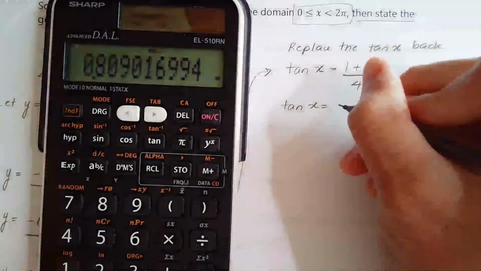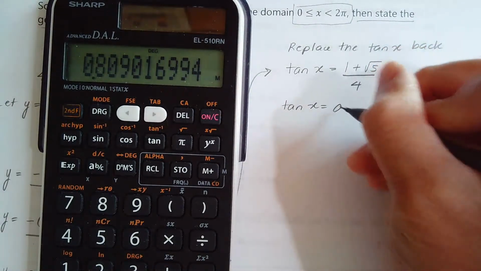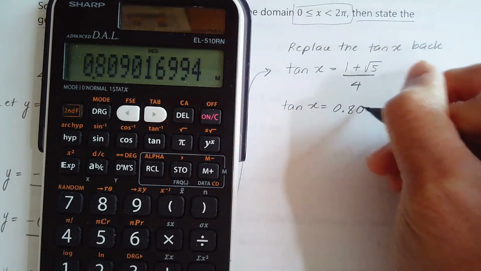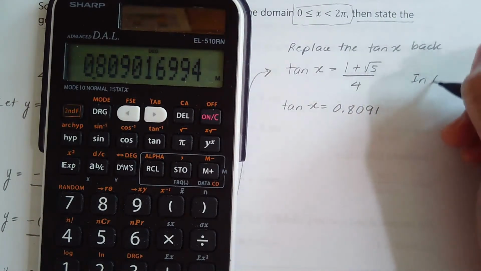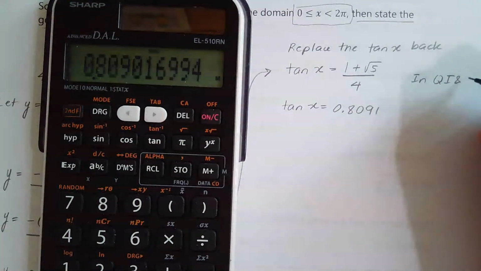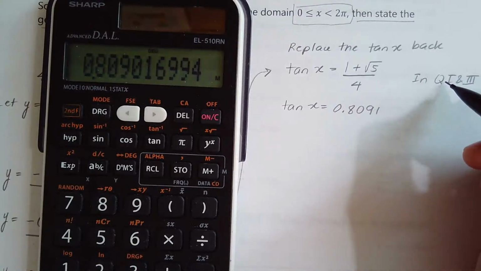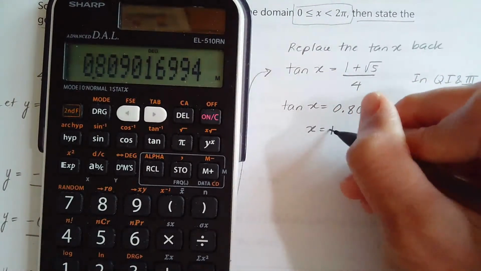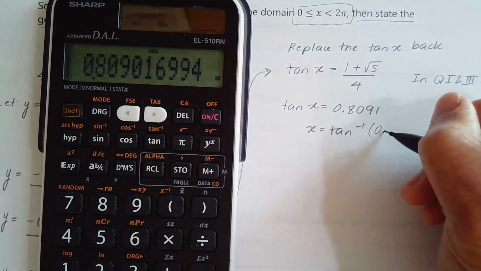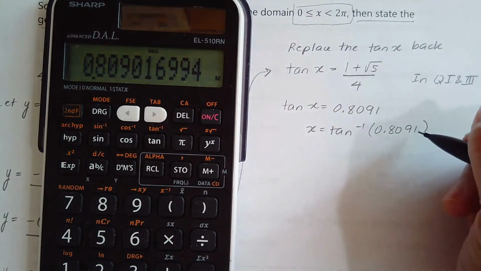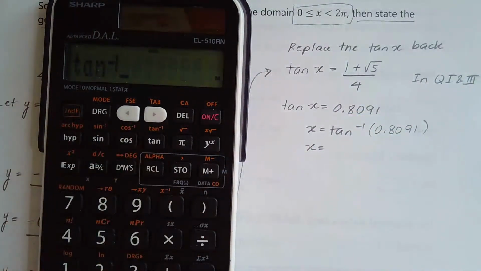So it's positive 0.8091. Because this is already quadrant 1, we can just go x equals the tan inverse of this number. Keep as many decimals as possible for sure. So tan inverse that.